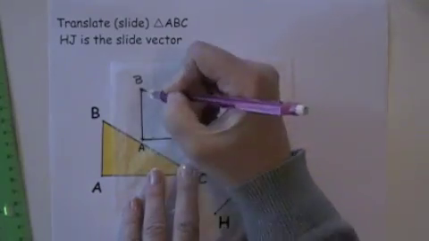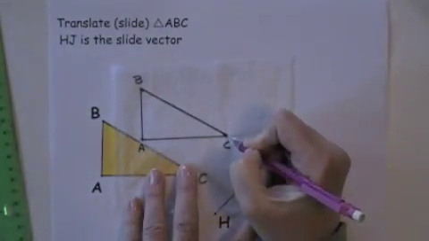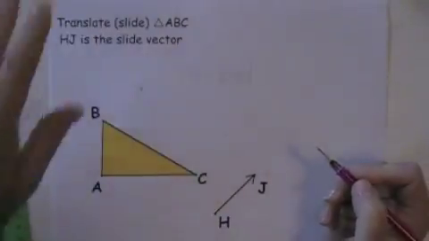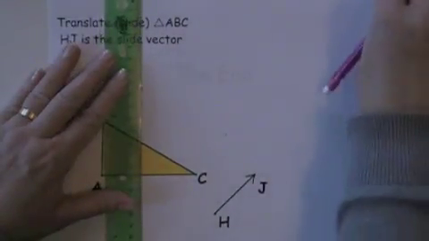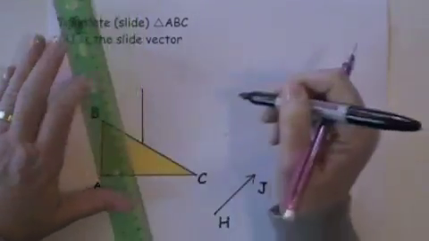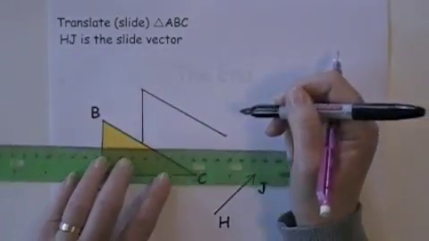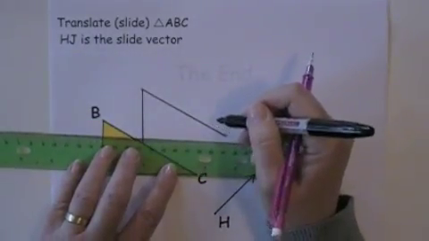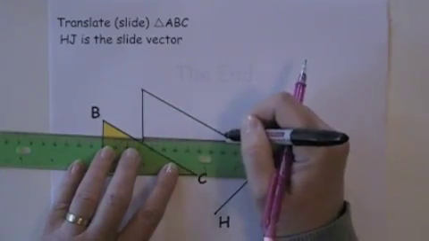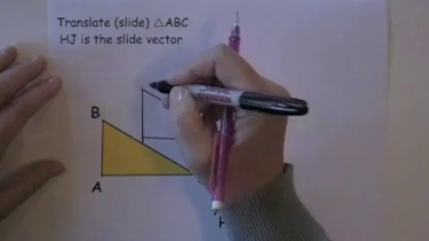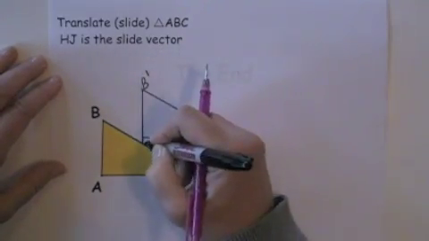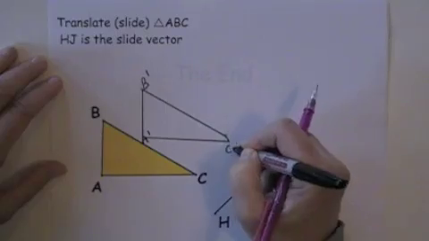And then press rather firmly on those 3 vertices, and it should leave little marks for you on your paper. And then you connect those 3 points, and you have a translated triangle. And that would be triangle B prime, A prime, and C prime.